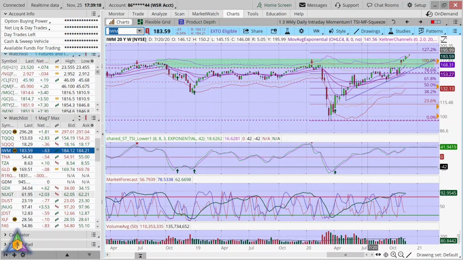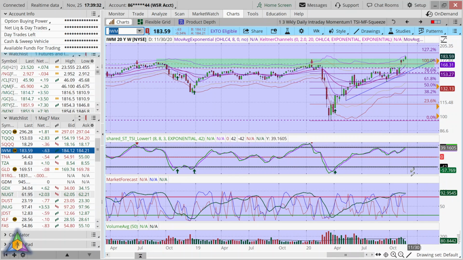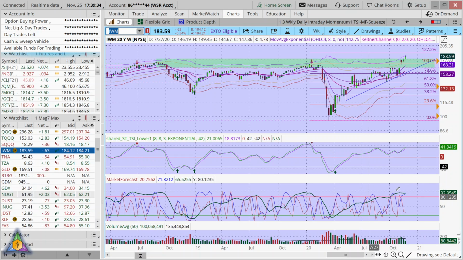As you can see, we are pushing up. We have basically broken out. No signs of a reversal candlestick. However, again, no signs of a reversal specifically on the TSI on a weekly chart, just slight negative divergence on the market forecast intermediate line.